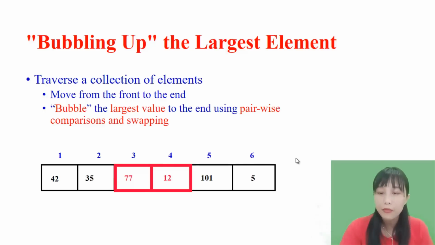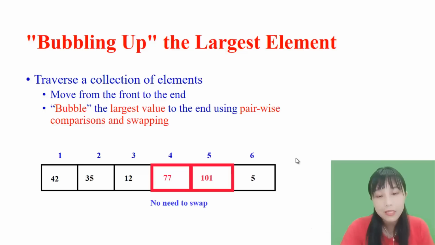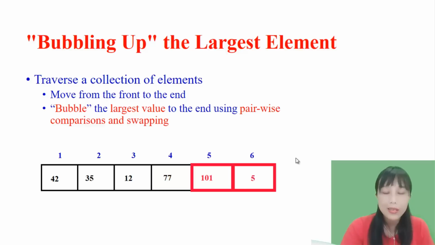Again, do the same process for element number 3 and element number 4. I can keep on doing this process until the very end. 77 and 12 swap. 77 and 101, no need to swap. 101 and 5 swap.